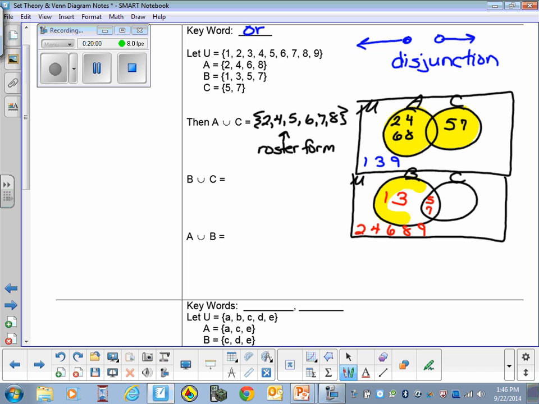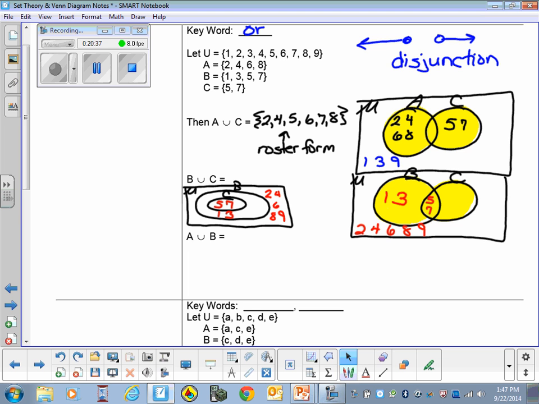And I'm interested in the union again. Now there is another way to draw this one, because C is a subset of B. Everything in C is also in B. So I can contain the circle for C inside my circle for B. 5 and 7, 1 and 3, 2, 4, 6, 8, 9.